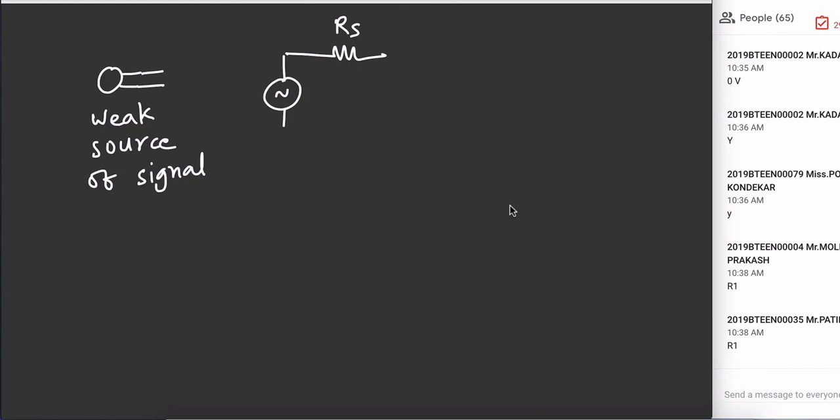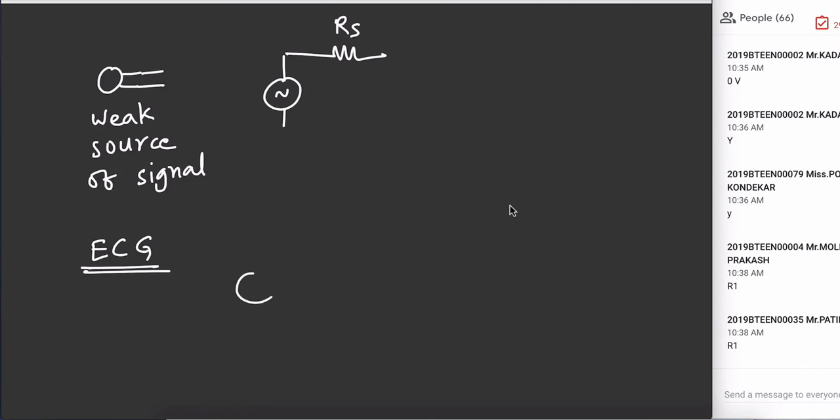one weak source of signal is ECG. Everybody knows about the electrocardiogram. The electrical activity of the person's body is checked, and for that some wires are connected to the body. So through the wires the signal is sensed.